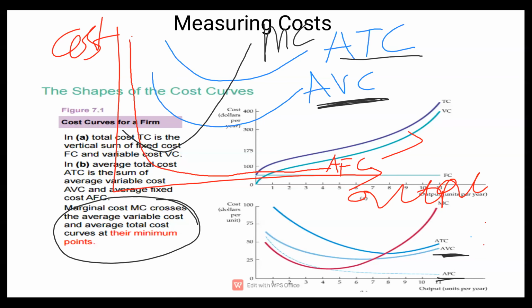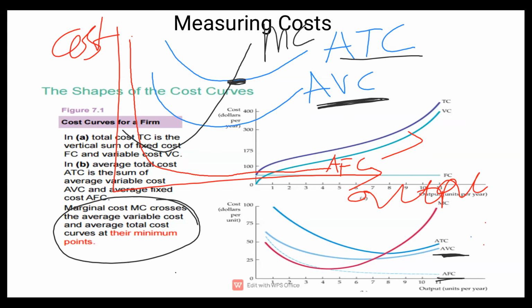The marginal cost curve crosses the average variable cost and the average total cost at their minimum, meaning since they are U-shaped, at this down part. That is very true, but that's the understanding. We want the reason, and it is because the average total cost is always higher than the average variable cost.